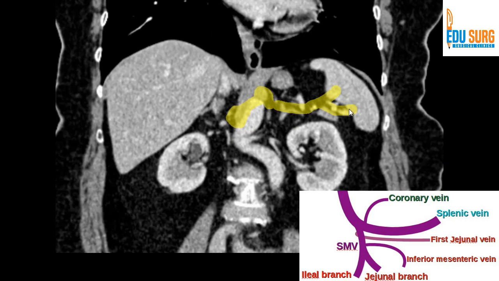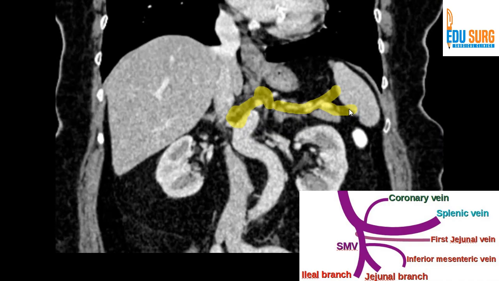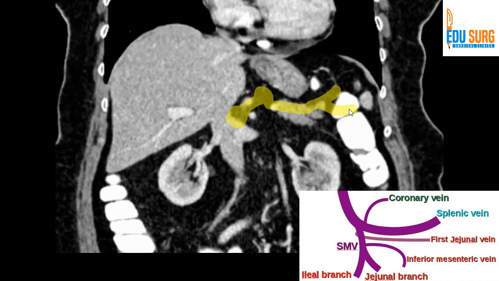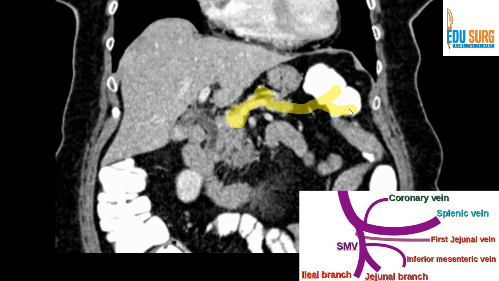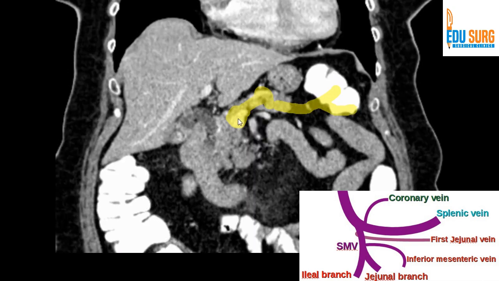So I think now it's clear, the splenic vein, and it is joining something here. So that area predominantly has to be the superior mesenteric vein.